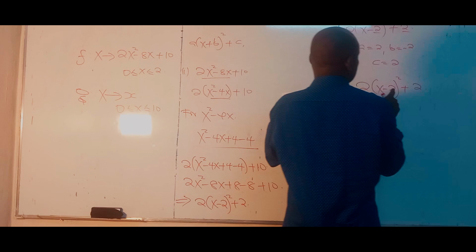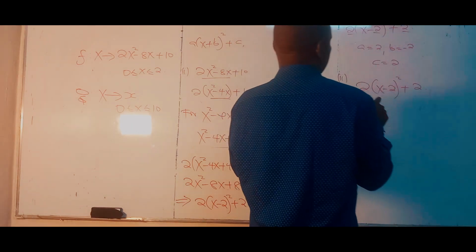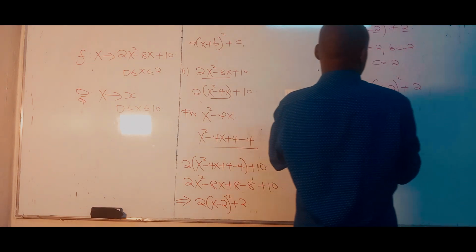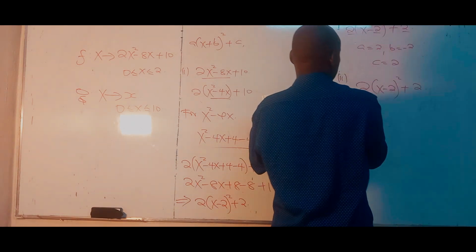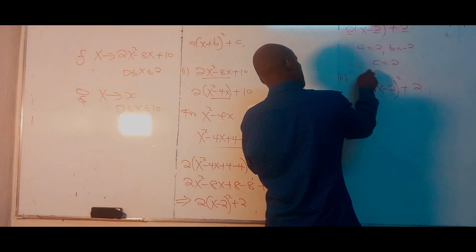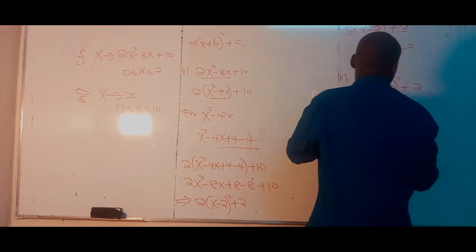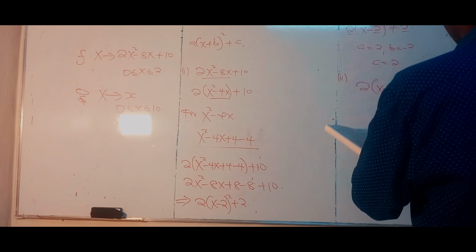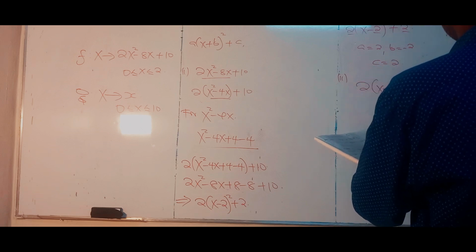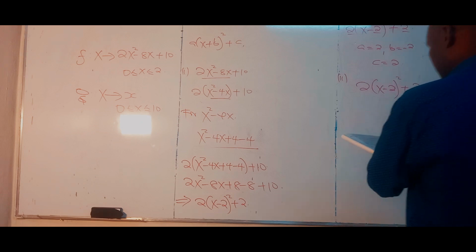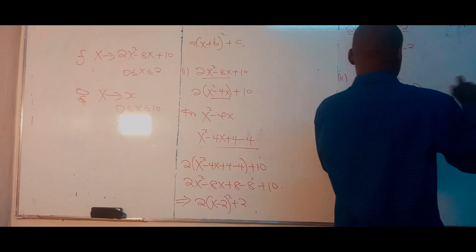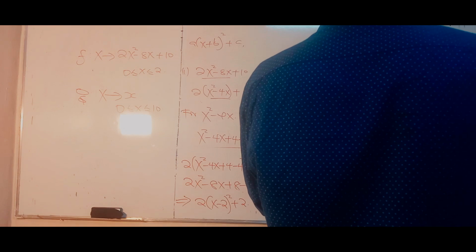Now, if you observe this, then you'll see that it's a parabola that is making a U shape. If you look at the sign of the coefficient here, and we are also given the limit, x should just be between 0 and 2.